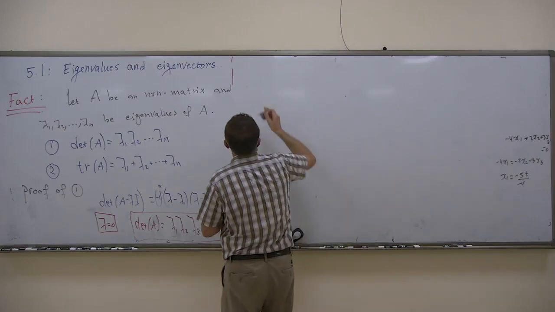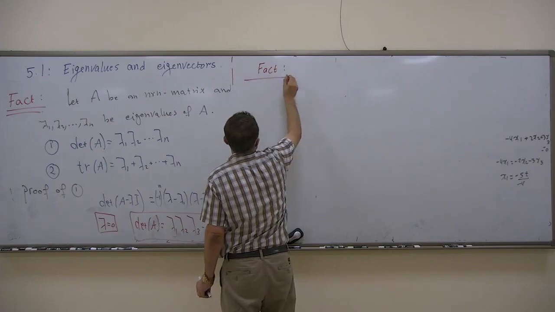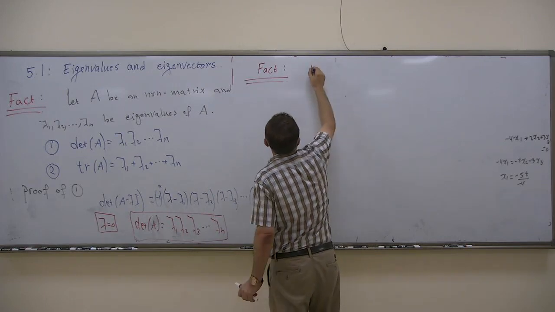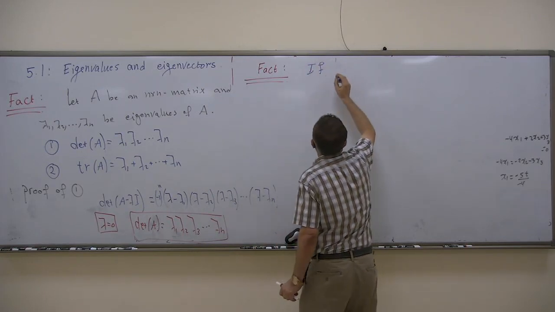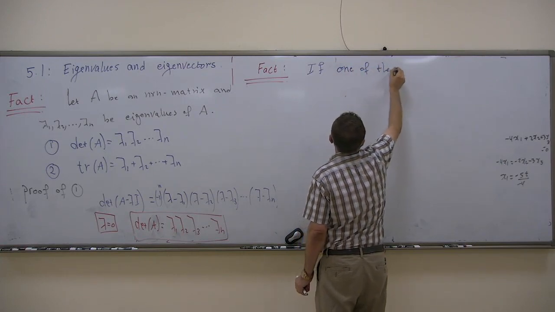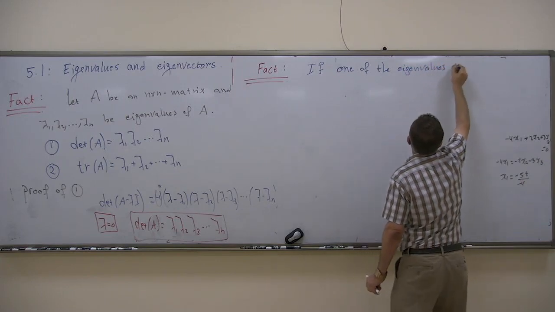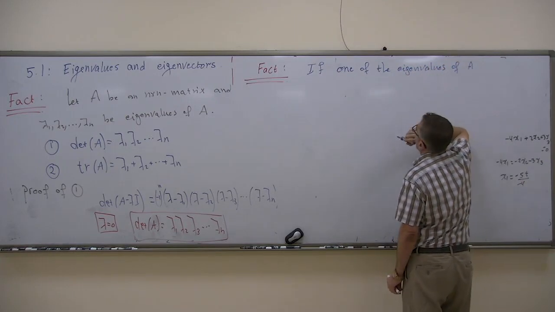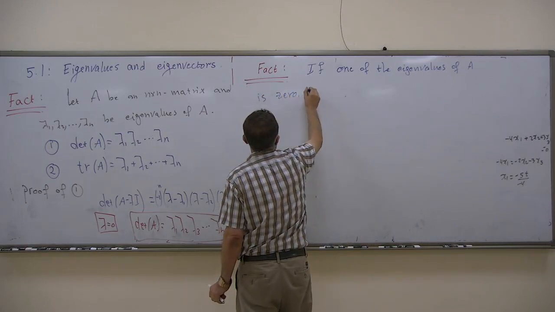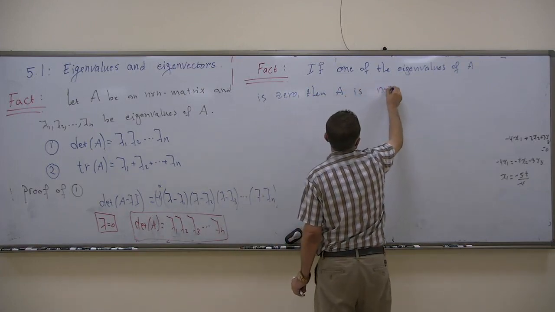So here is another easy fact. If one of the eigenvalues of A is 0, then A is non-invertible.